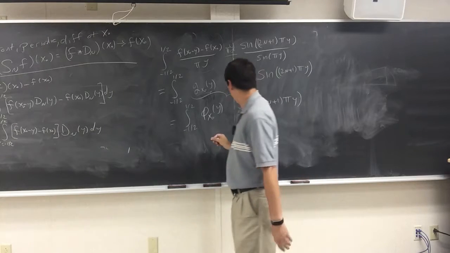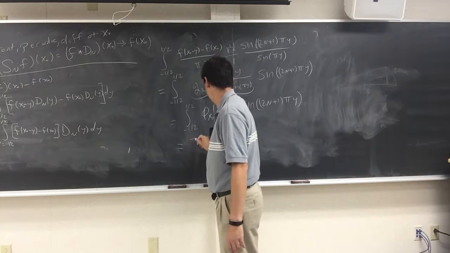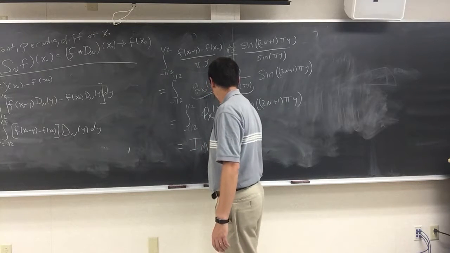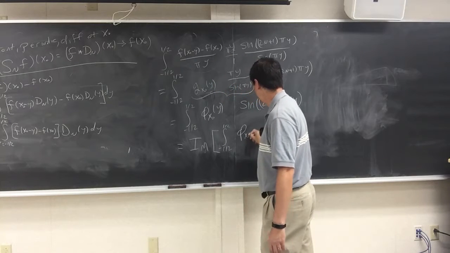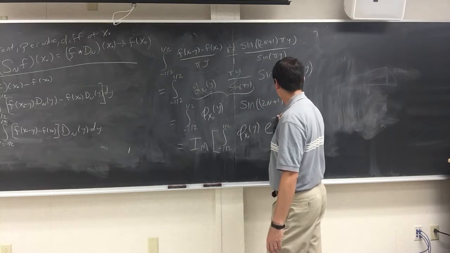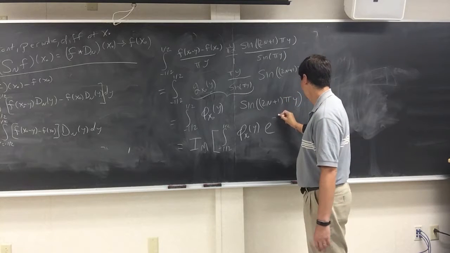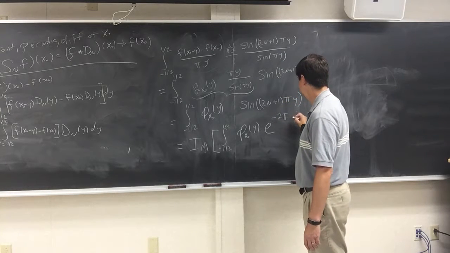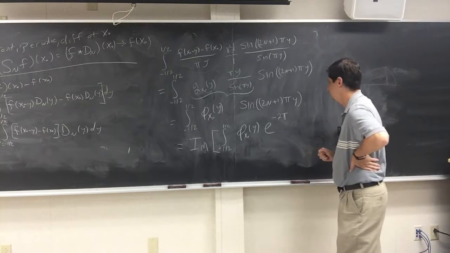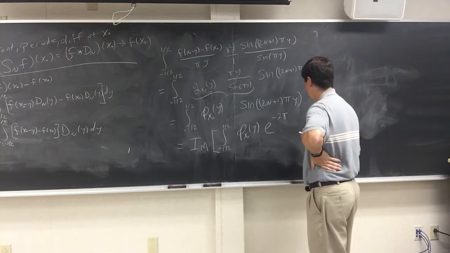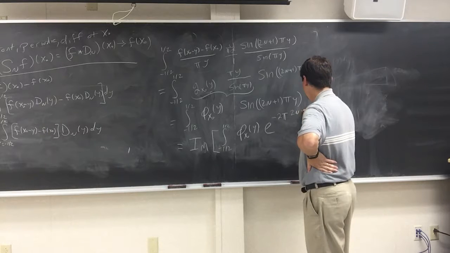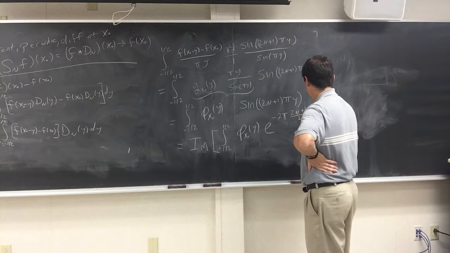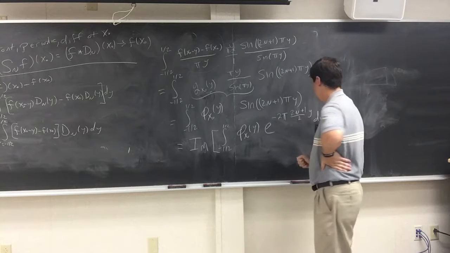And so now, one way to view this is the imaginary part of the integral from minus a half to a half of phi of x naught of y e to the negative 2 pi i, be a little bit careful here, 2n plus 1 over 2 of y dy.